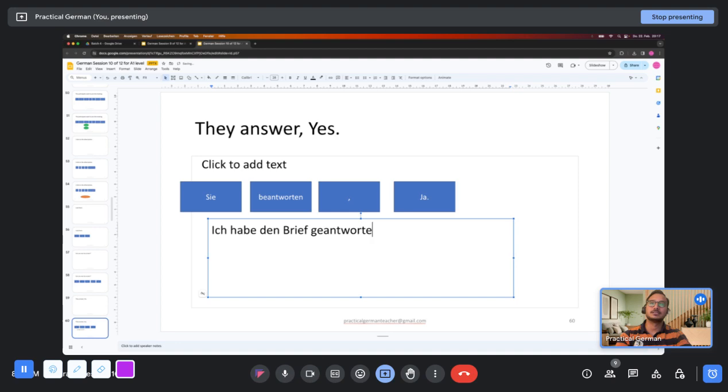The letter was there before as well, right? So Brief is their word. Ich habe den Brief geantwortet. Yeah, something like that. But having said that, no one is going to deport you from Germany or anything. People know what you are trying to say. If you use them interchangeably, it's still fine.